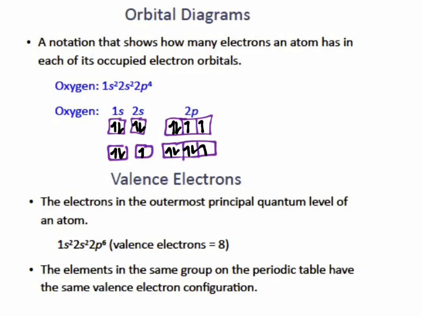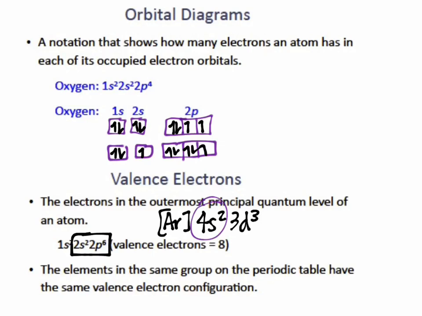Remember that your valence electrons are those last s and p orbitals. So if I were to do the electron configuration for vanadium, which would be 4s2, 3d3, my valence electrons would be that 4s2.